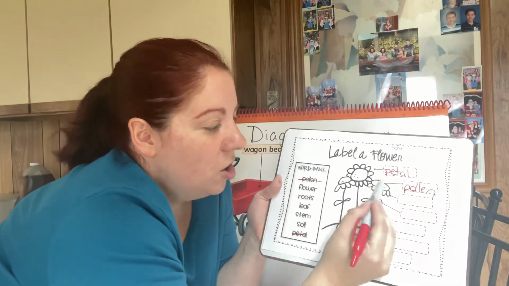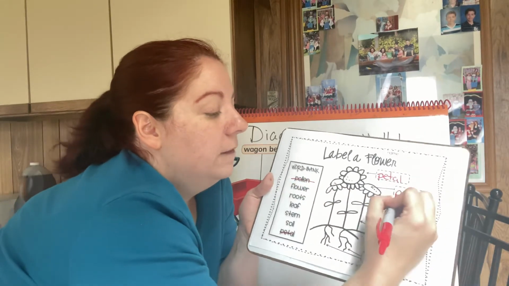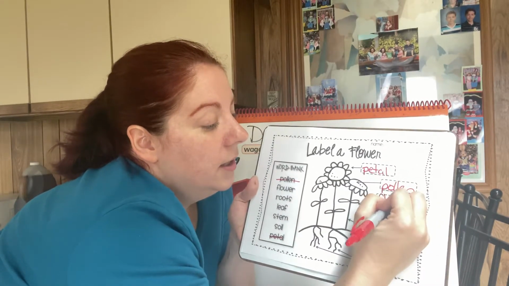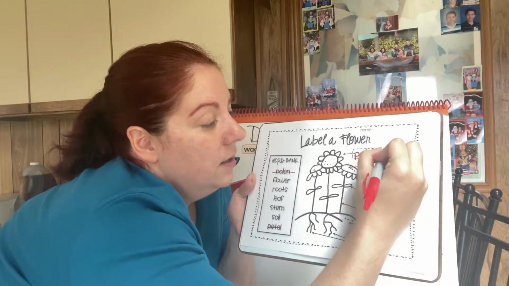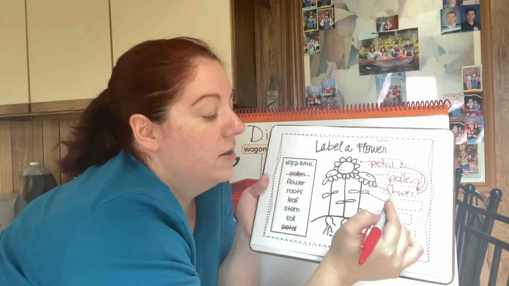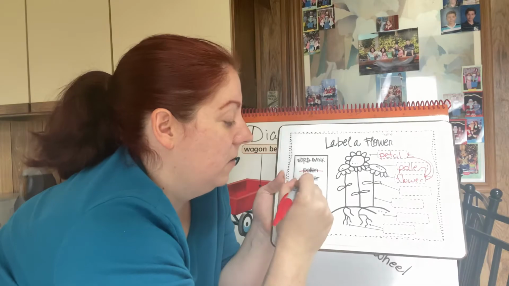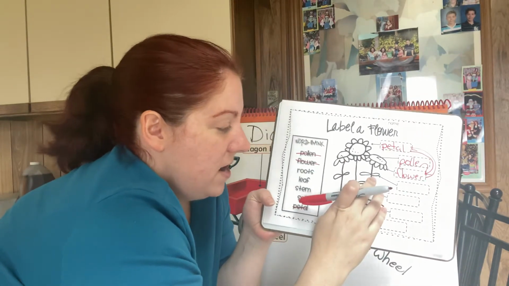What do we call this whole thing right here? We call it the flower. Now, you could interchange this one and this one, depending on how you look at it, okay? So this one could be flower and this one could be petal, so it really doesn't matter.